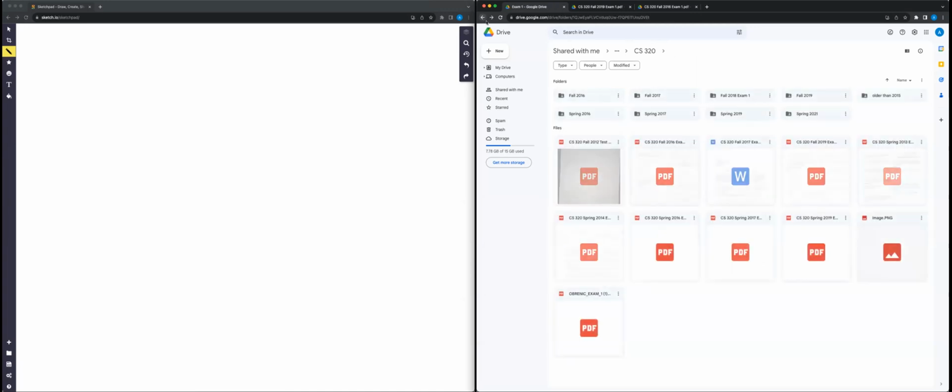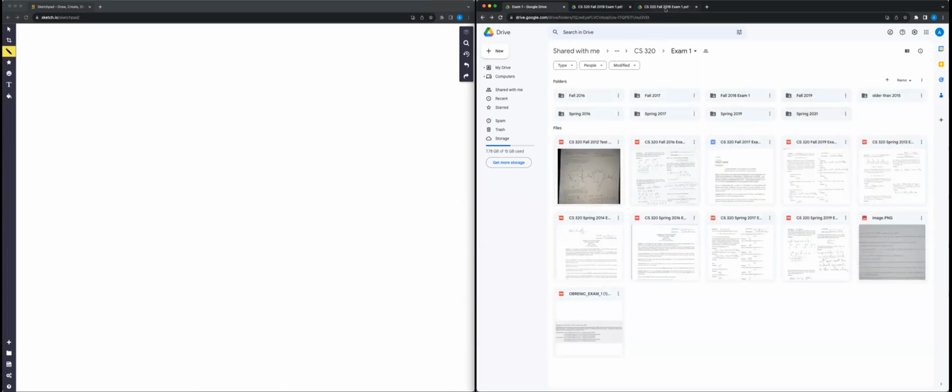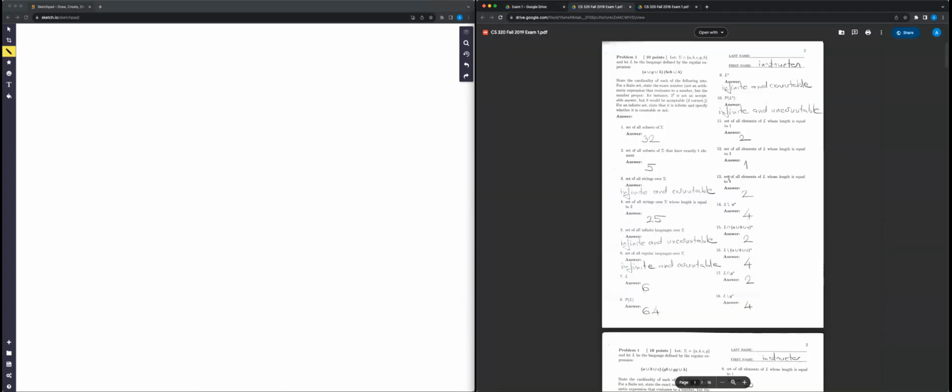But those are COVID exams, so they aren't that good to study off of. But last semester's exam is a good thing to study off of. I don't have it on me right now, but if someone sends it, I can look at that also. But the topics are all the same.